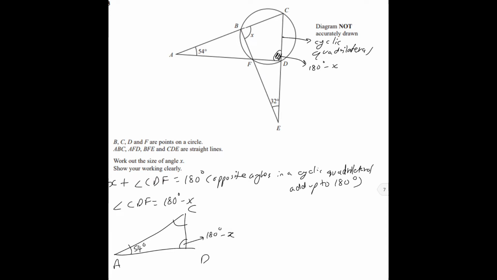We have found that CDF is 180 minus X, and we know that angle ACD is equal to C. So what we can do is 54 degrees plus Y plus Z plus C.